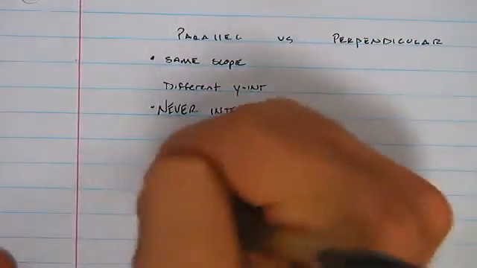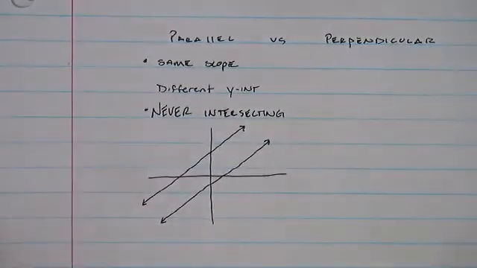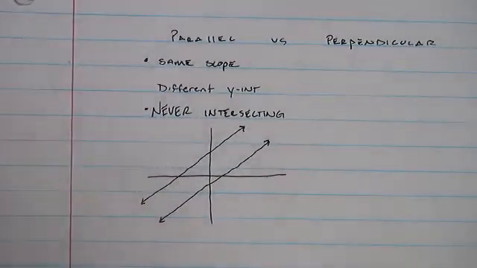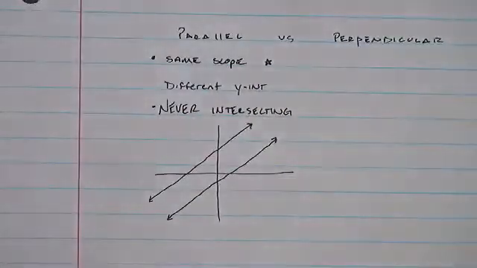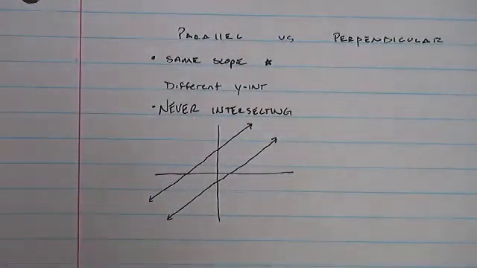We could follow them to the edges of the earth, and we'll never find them any closer or any farther apart. But the key here is the same slope aspect. If we're asked about parallel lines, we need to make sure that their slopes match.